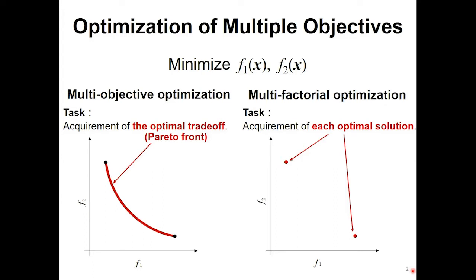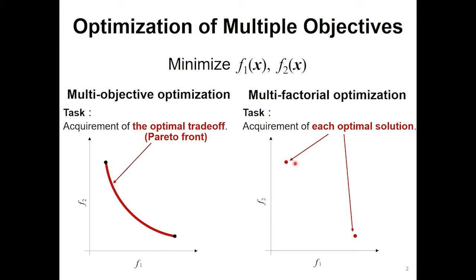The task of multi-objective optimization problems is to find the Pareto optimal solutions showing the optimal trade-off among objectives in the objective space. On the other hand, the task of multifactorial optimization problems is to find the set of multiple global optimal solutions in all objective functions.